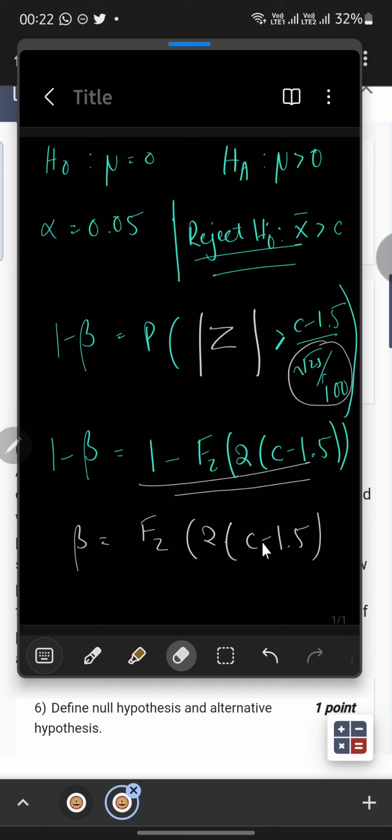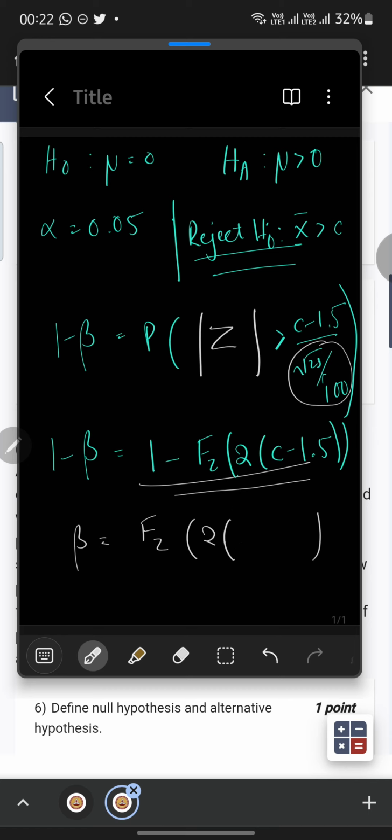We already know that c is 0.82, so all left is to subtract: 0.82 minus 1.5.